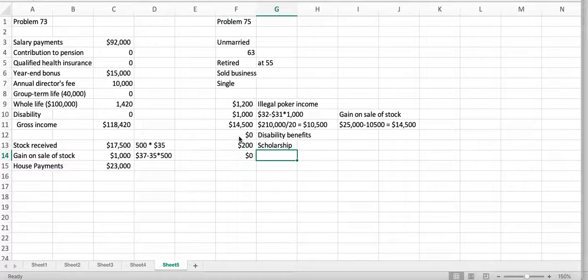And so 0 of that is included in Ken's income, but the entire amount would be included in his son Mike's. So the assigned income is not included in his gross income.